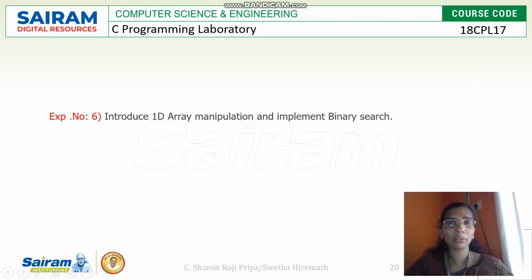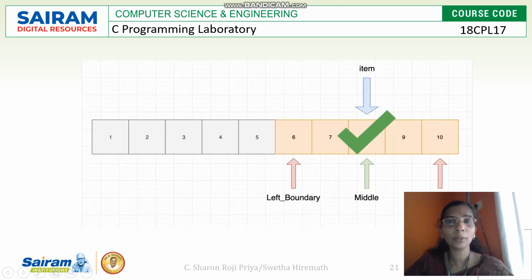Calculate the middle and then check whether the middle element is equal to the search element. If not, you check whether the middle element is less than the search element. If the middle element is less than the search element, your boundary should be this one. You are supposed to search in the right side. So move the left boundary equal to middle plus 1. If not, you have to move the right boundary to middle minus 1. This is what we are doing in binary search.